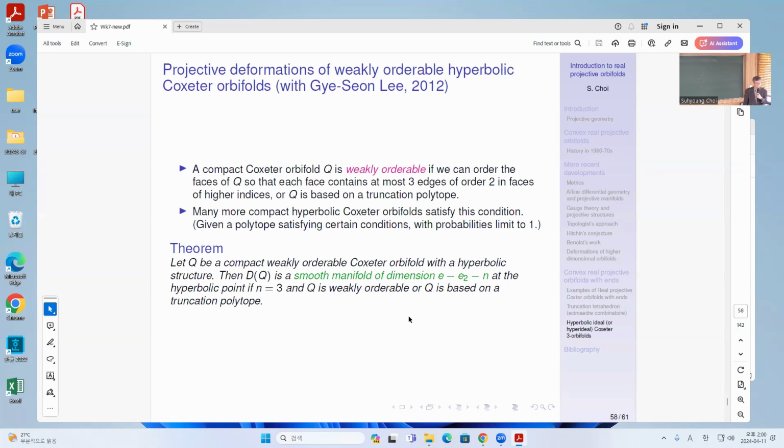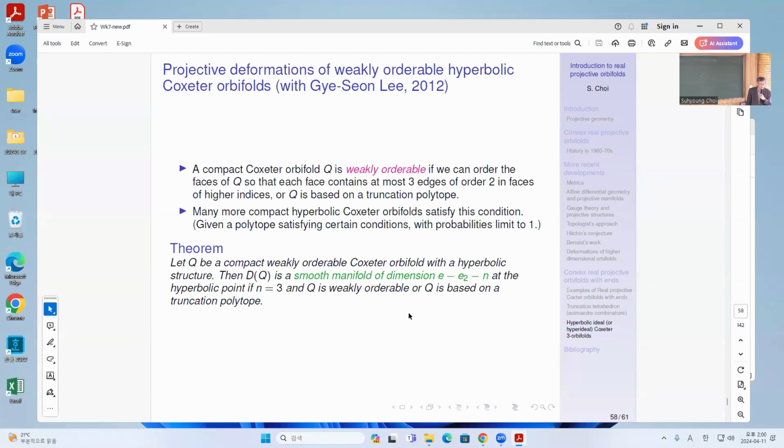And then we can show that for these ones, actually the deformation space is a smooth manifold of dimension E minus E2 minus N at the hyperbolic point, if N is 3 and Q is weakly orderable, or Q is based on a truncation polytope.